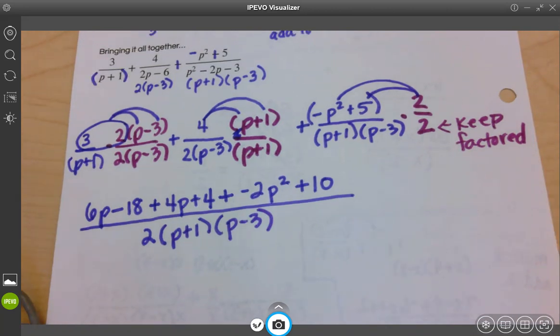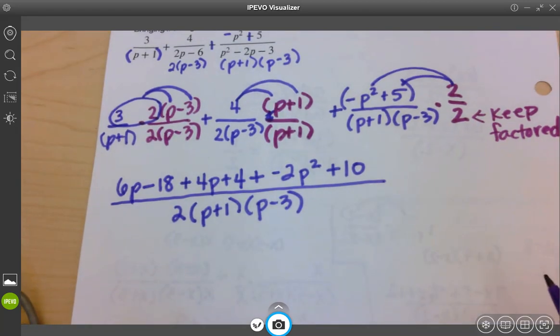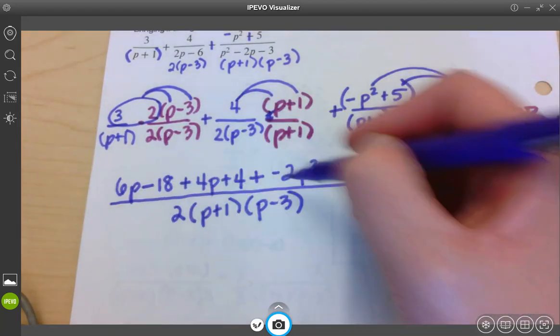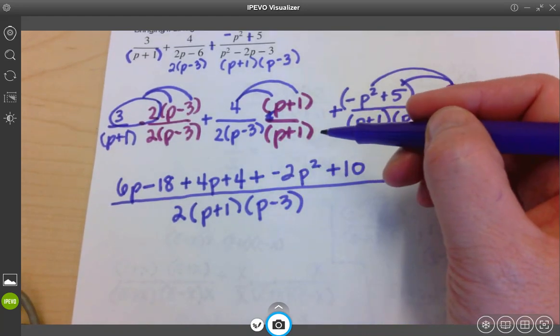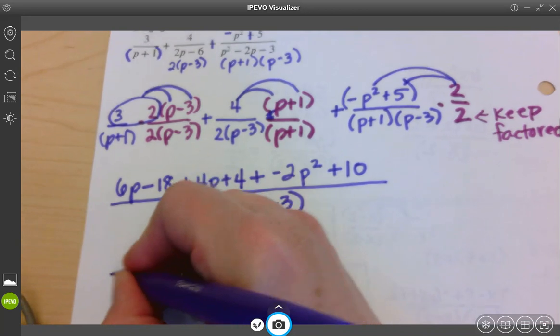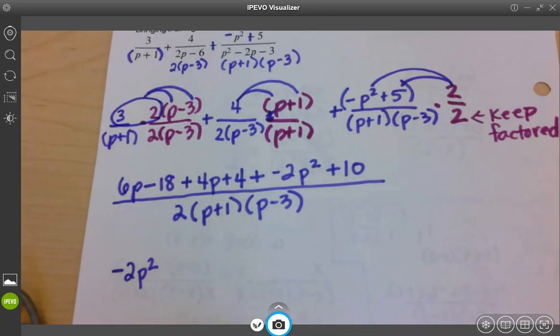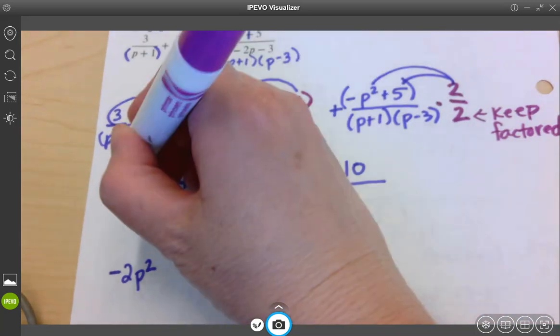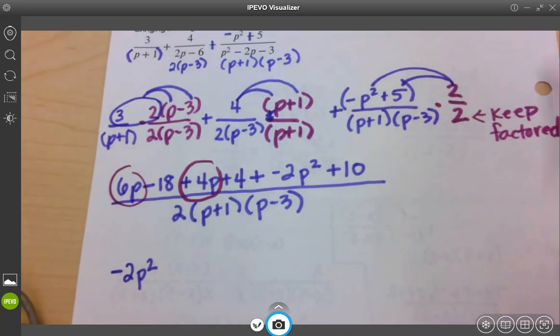All right. So when you combine like terms, it's good practice to go in standard form, which means starting with the biggest exponent. So that would be the negative 2p squared, and I don't see anything to combine with that. Is that right? Okay, so negative 2p squared. And now we've got to combine all of our p's. So I have a 6p and a plus 4p, and that's it, right?